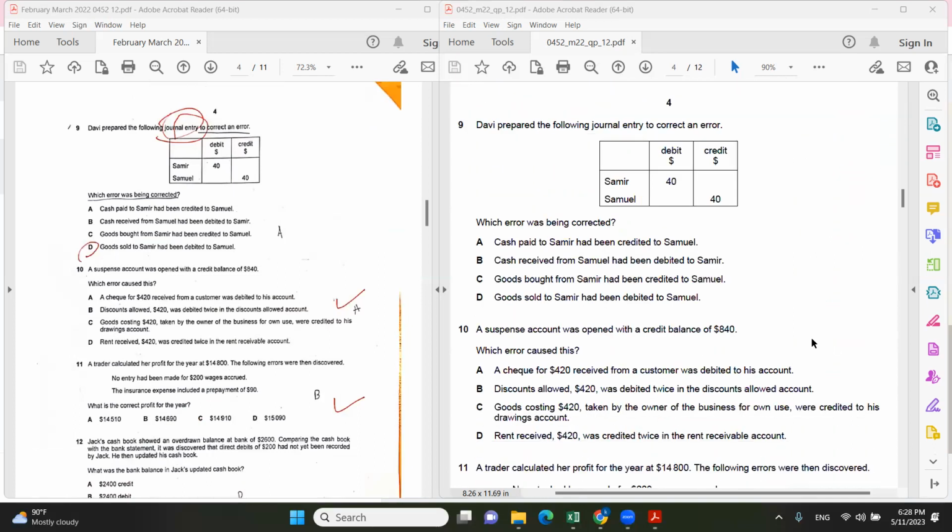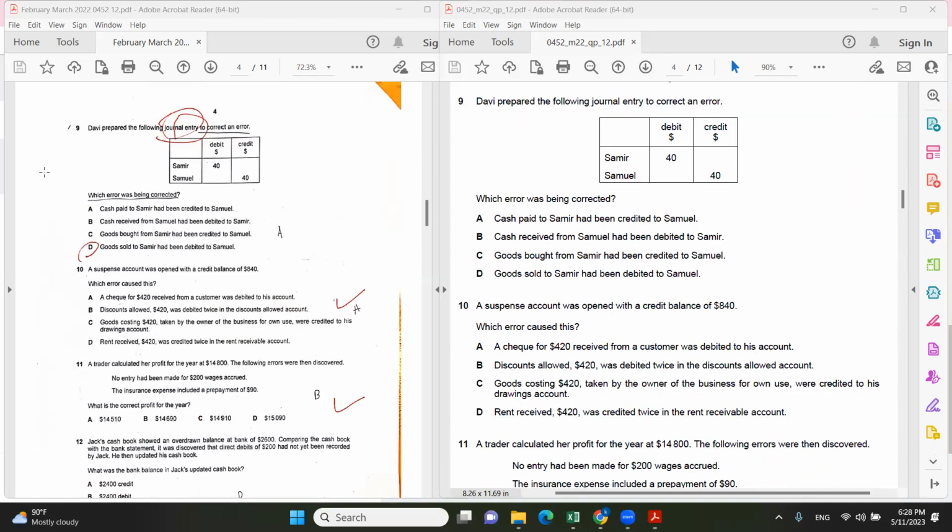Question 9. Davy prepared the following. This is the journal entry for correction of the error. These two are the names. What could be the possible cause of this error? So cash paid to Samuel. When we have cash paid to Samuel, we should debit Samuel and credit cash.